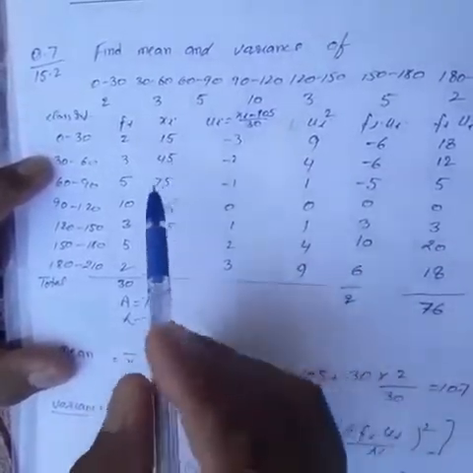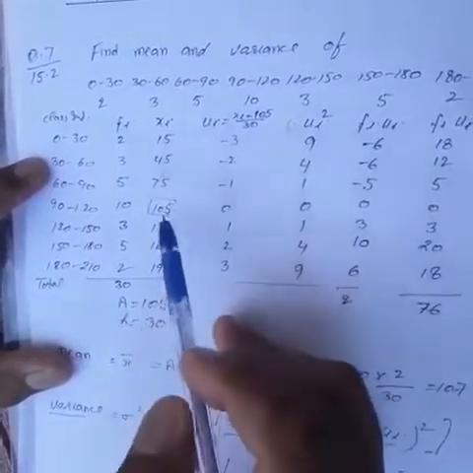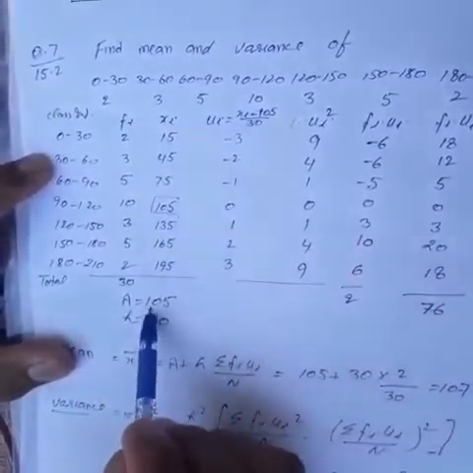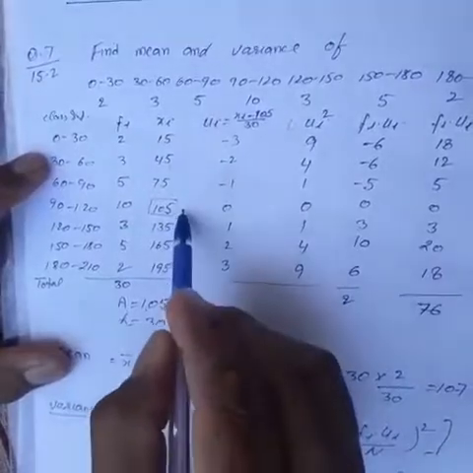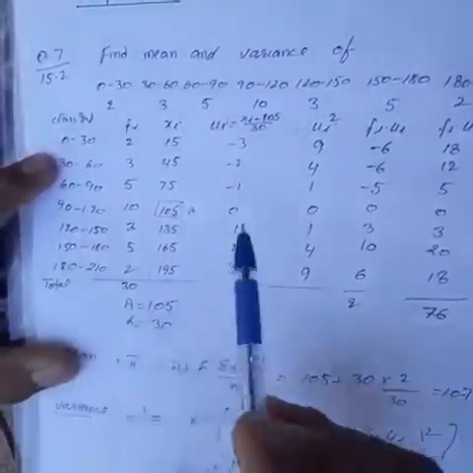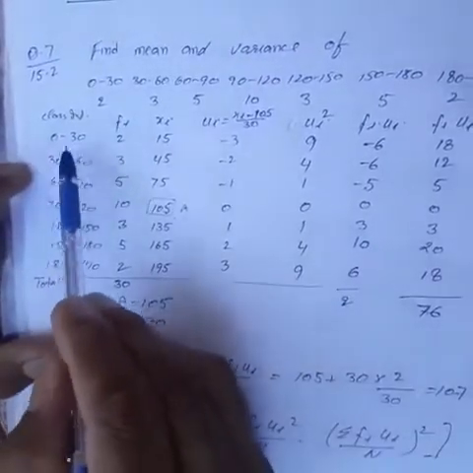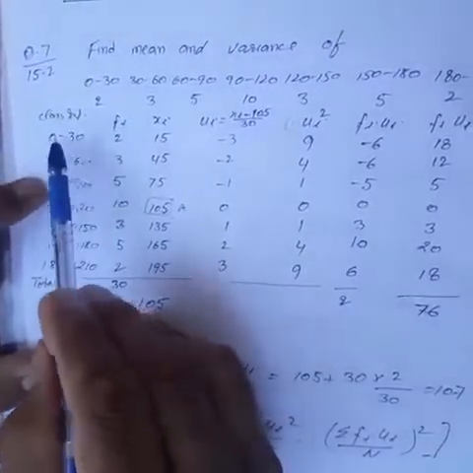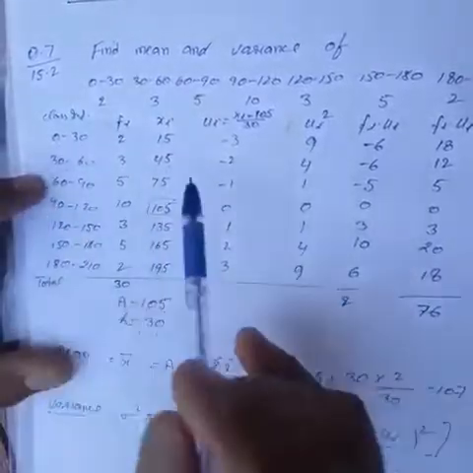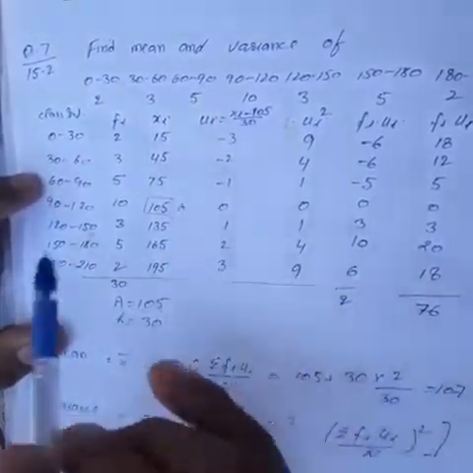The value of x in the middle observation is A, 105. So this is the value of A, and h we know is the width of the class interval, it is 30. In continuous class intervals, upper limit minus lower limit can be calculated to find h.